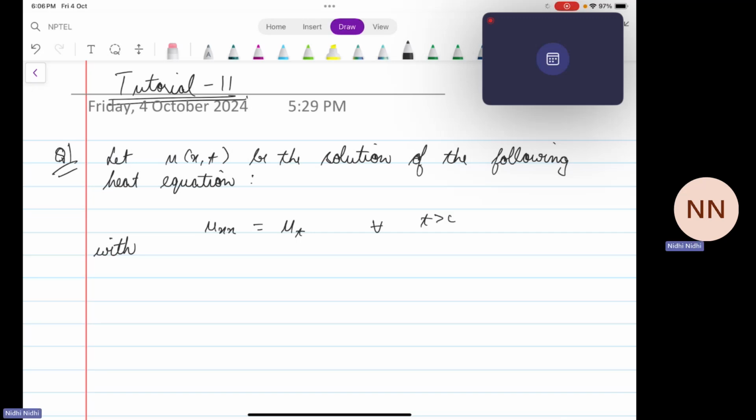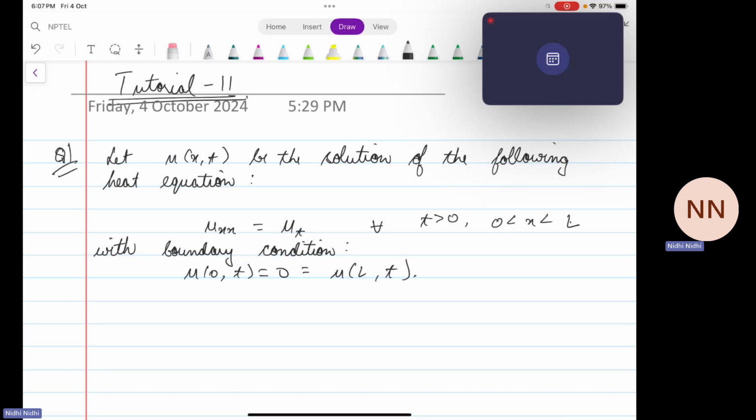With initial conditions and boundary conditions, for all t positive, 0 less than x less than L: u(0,t) equals 0 equals u(L,t).